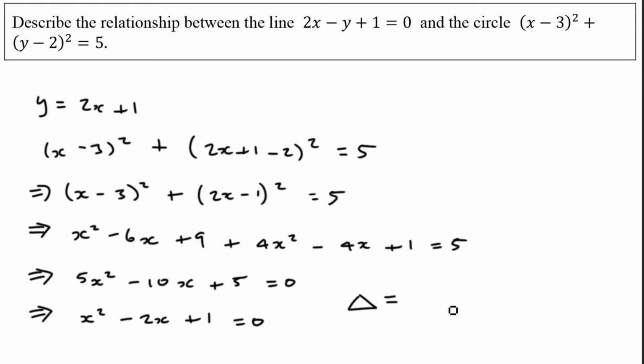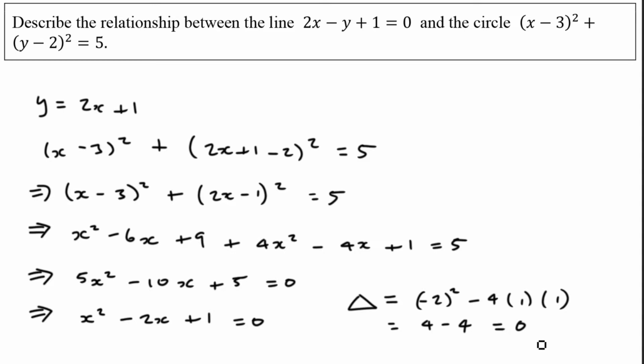Its discriminant is negative 2 squared subtract 4 times 1 times 1, which is 4 subtract 4, which is 0. Therefore the quadratic has one solution. There is only one x-coordinate where the line intersects the circle.